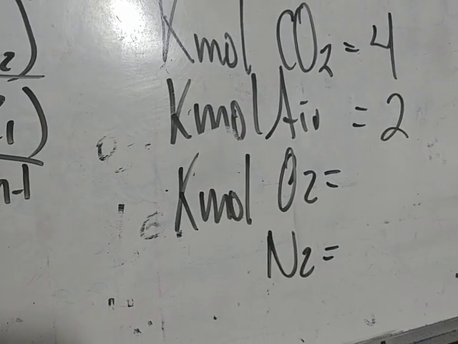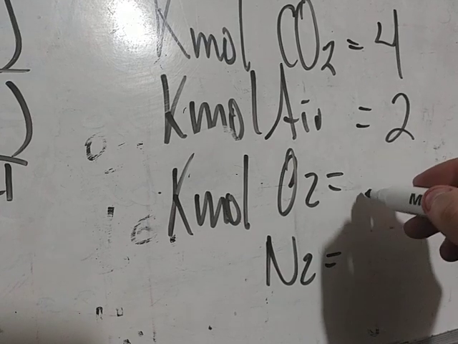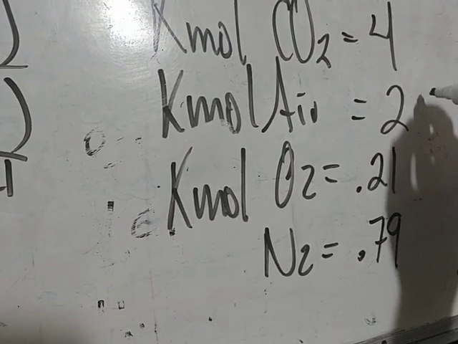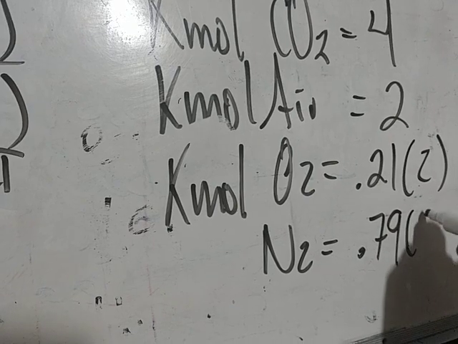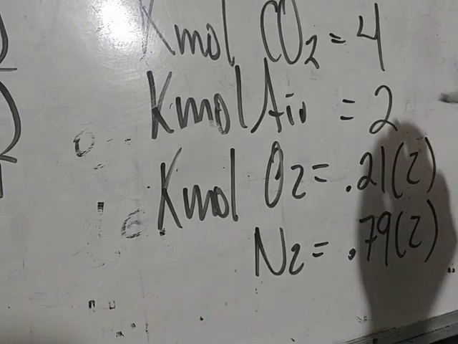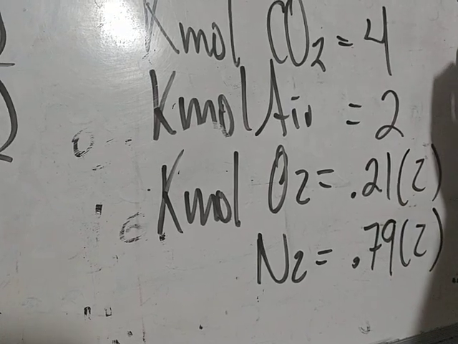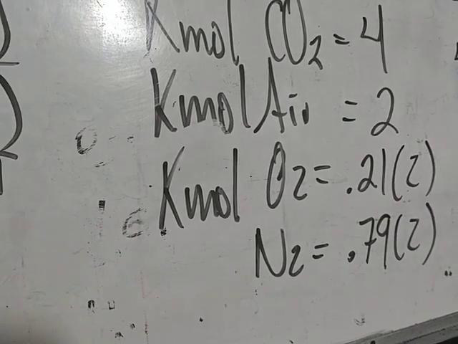The oxygen is going to be given by 0.21 and the nitrogen by 0.79. This is the same as if I multiply this, I'm multiplying the rate of entering. So the first one I considered 4.